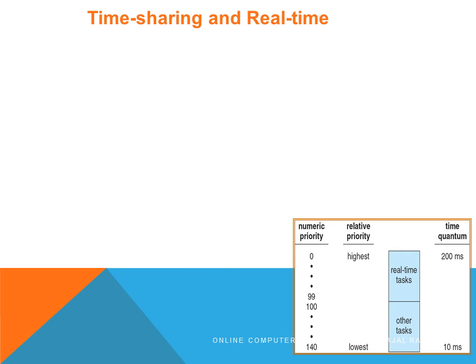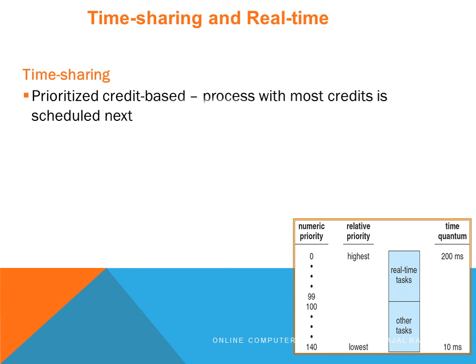Now, what is time sharing and real-time scheduling? In time sharing, the prioritized, credit-based process with the most credits is scheduled next, which has higher priority, and it will execute first, and then the CPU is shared by any other process. Credit is subtracted when a timer interrupt occurs.